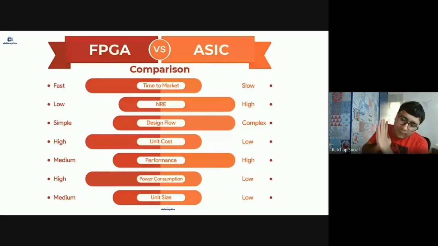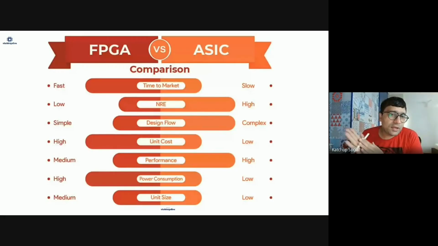You might have heard another term, FPGA, which is field programmable gate arrays, versus ASIC, where you are designing an application specific chip. So far, the flow we talked about was: you design, write RTL, synthesis, verify, and give it to the foundry for fabrication.